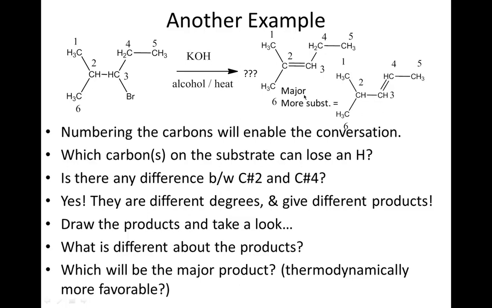And so the major product is going to be the more substituted alkene, because remember we talked about the order of stability. Tri-substituted is more stable than all of the di-substituted ones. Now one thing you might pick up on is I drew this as trans, and what if it were cis, but it's still going to be minor compared to the tri-substituted one, and we're just not going to get too bogged down in whether it's cis or trans.